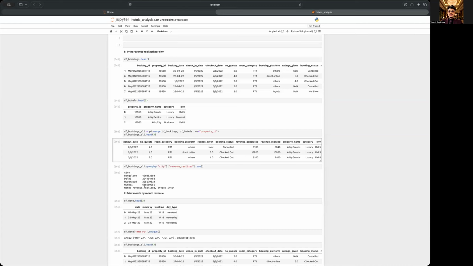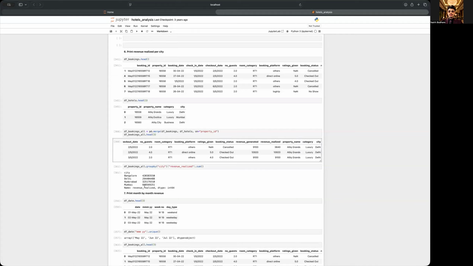Our business question was how much revenue was realized by each city. First, we inspected the bookings data frame using head and confirmed that it contains revenue realized but not city information. Then we inspected df hotels and found the city along with the common key, property ID. We used pd.merge with property ID to combine booking level revenue and hotel level city information.